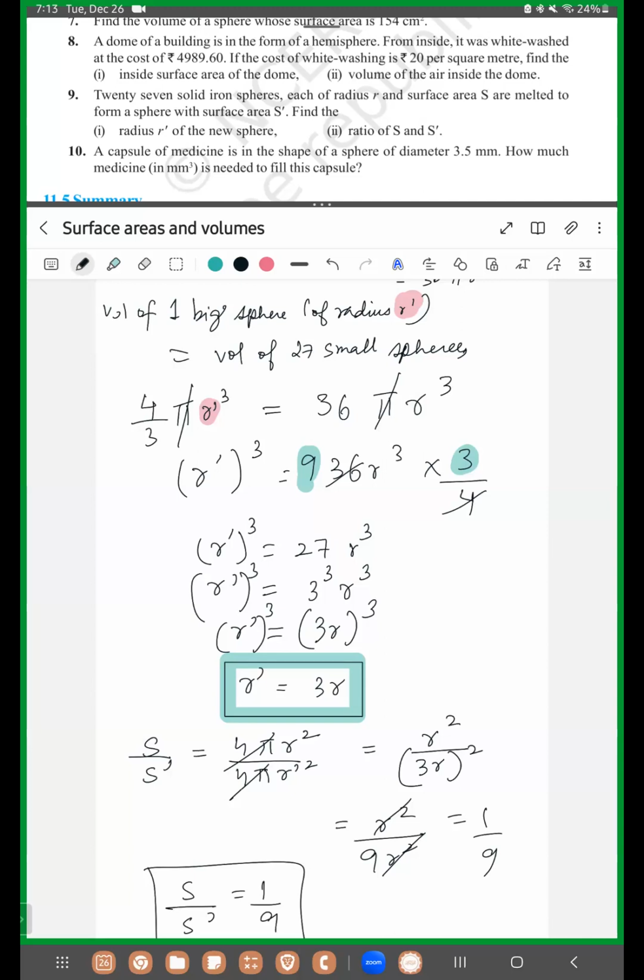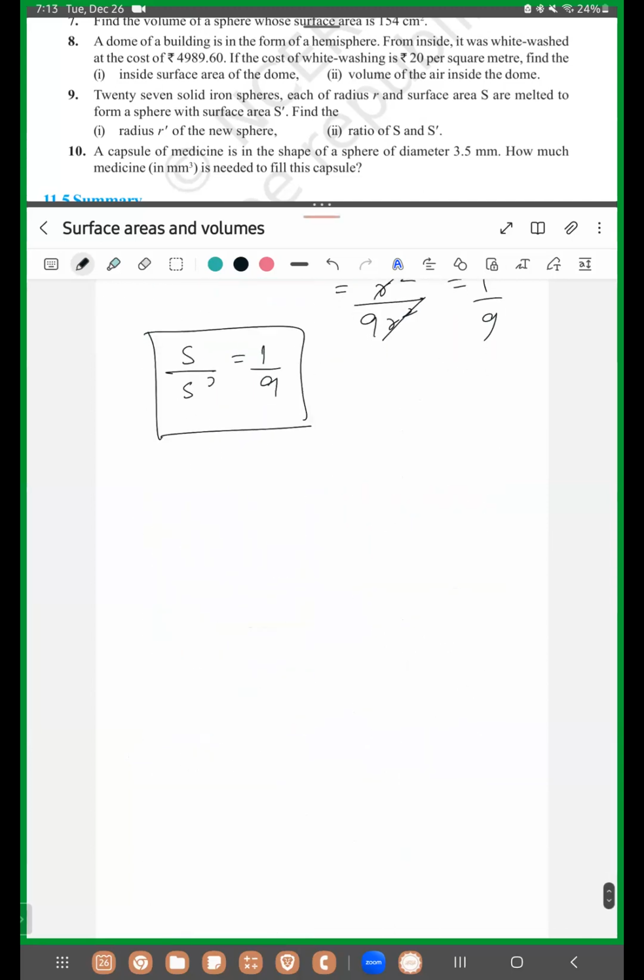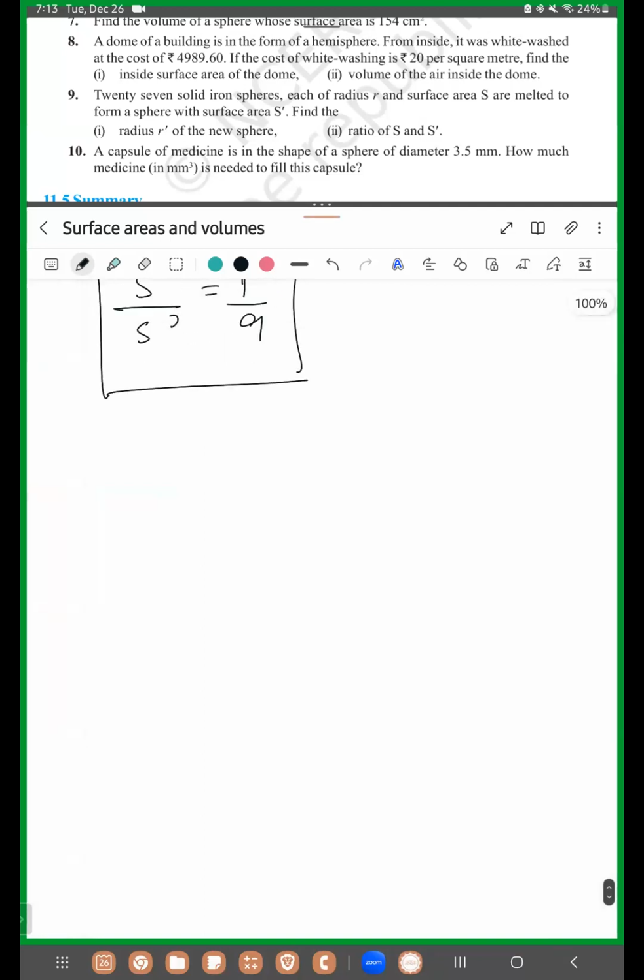Okay. All right. Next question. The 10th question. A capsule of medicine is in the shape of a sphere. Let's say this is a capsule of medicine in the shape of a sphere.